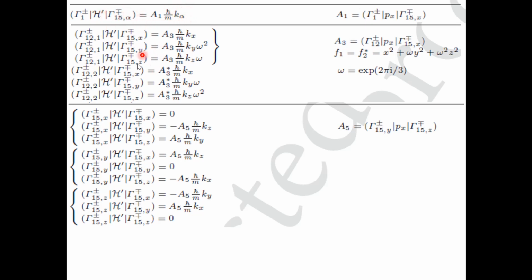And you have many different relations like that for the gamma 1,5 representation, and also for the gamma 2,5 representation. For the gamma 2,5 representation, one just needs to be careful. We use the following notation: gamma 2,5 x, y, and z are related to basis functions yz, zx, and xy. All right.